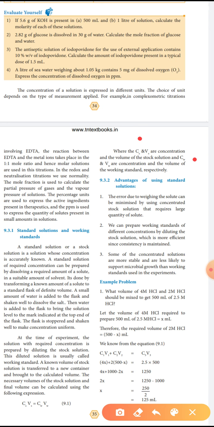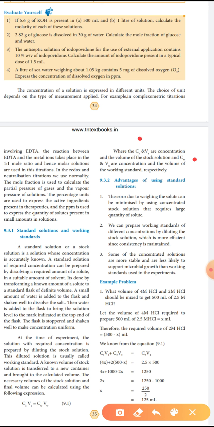We can also prepare working standards of different concentrations by diluting the stock solution, which is more efficient since consistency is maintained.